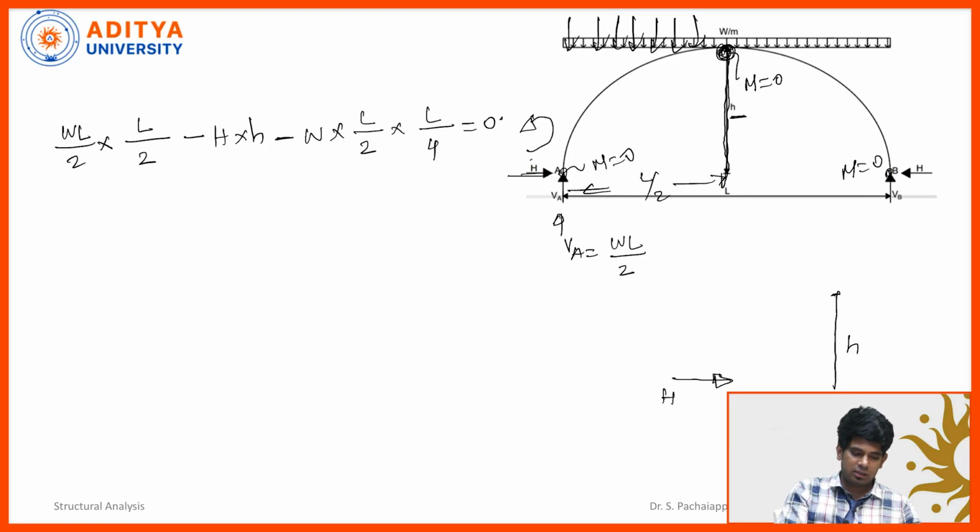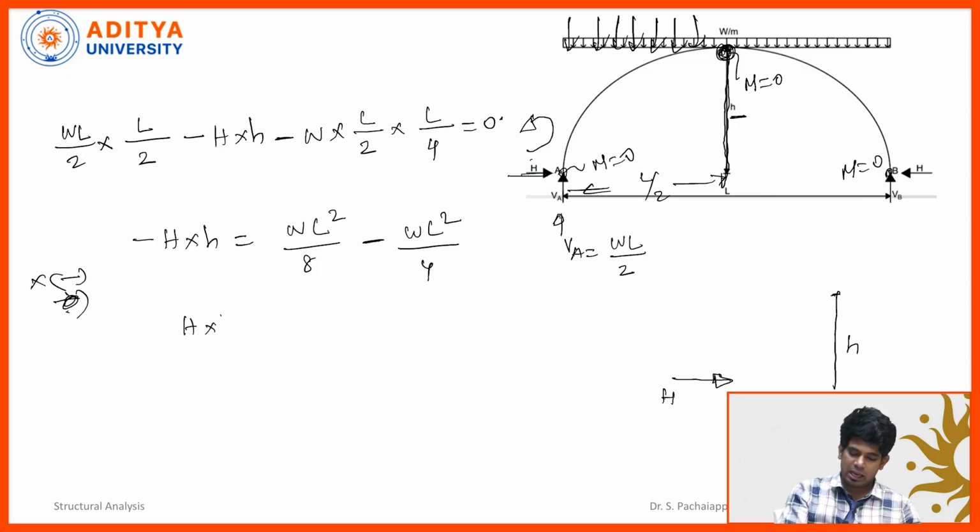In this I want the value of the horizontal thrust only. So minus of capital H into small h is equal to, taking this value outside the equal sign, WL square divided by 4 and minus of WL square divided by 8. Let's multiply the entire equation with the minus sign.